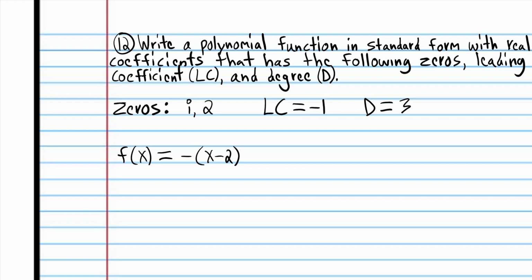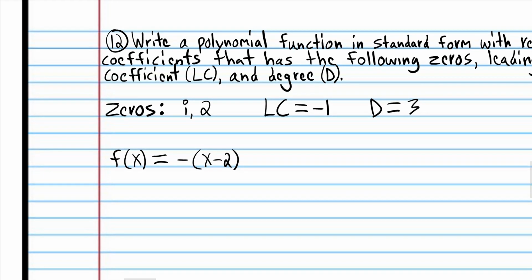The factor theorem tells us that if 2 is a 0, then x minus 2 is a factor of the corresponding polynomial. And the converse of that is true also. If x minus 2 is a factor, then that means that 2 is a 0. But i is also a 0, so that means x minus i is a factor of the polynomial.